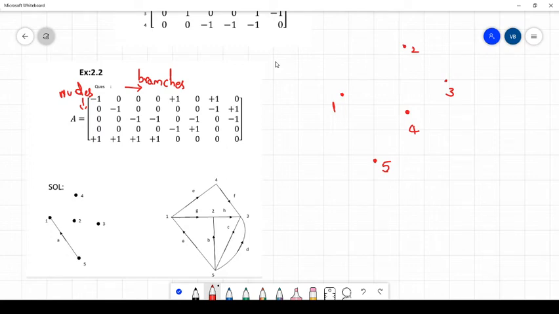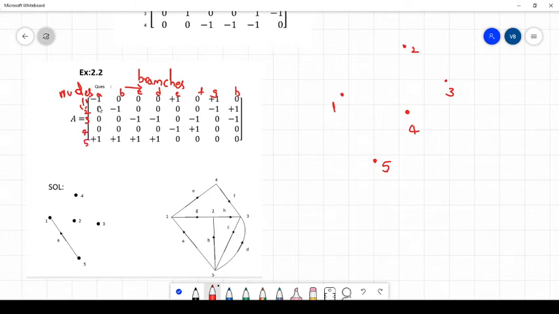So I can indicate the values here: this is branch A, this is branch B, C, D, E, F, G and H. So first you observe branch A. These are the nodes, which I can indicate as 1, 2, 3, 4 and 5.